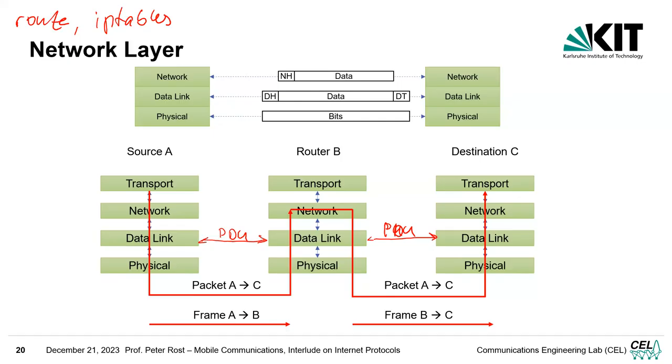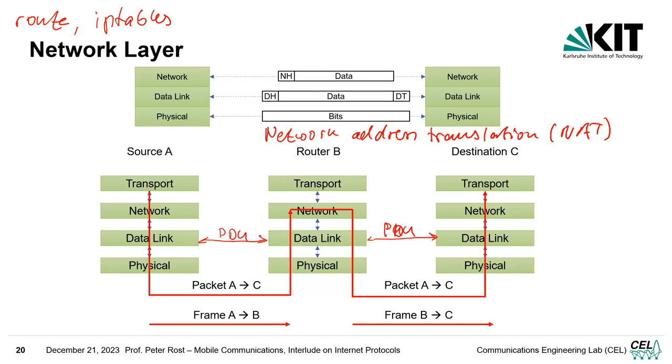Now, one important concept that I would like to mention here is the so-called NAT, network address translation. NAT is used because if you have many subnetworks and all of these subnetworks define their IP space, then at some point in time, these IP addresses are exhausted.